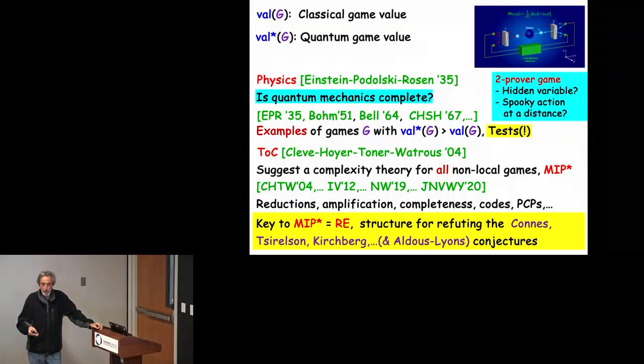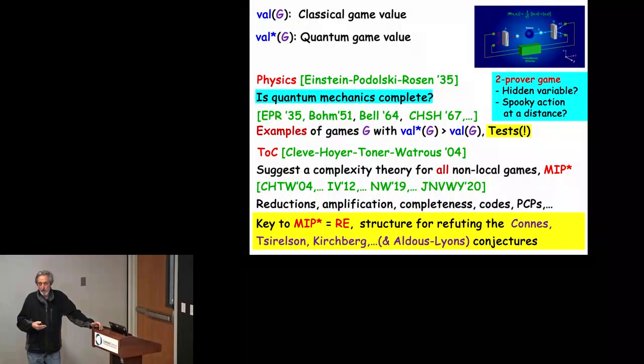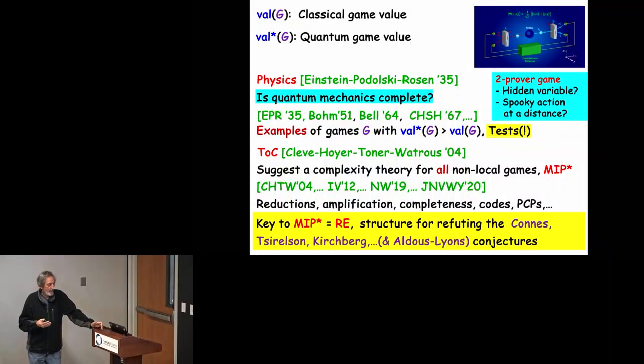I should also mention that just a few months ago, this technology seems to be a new technique in mathematics. So this MIP star, people developed the basic notions of it.